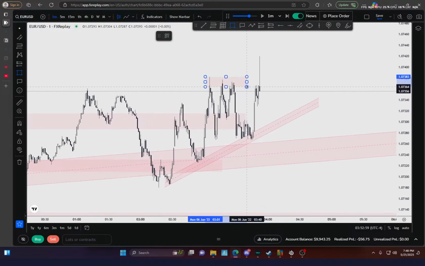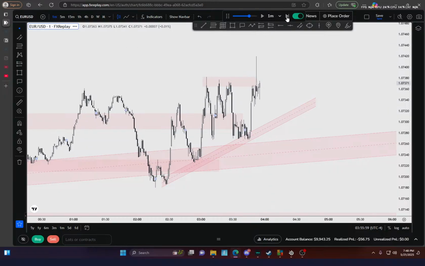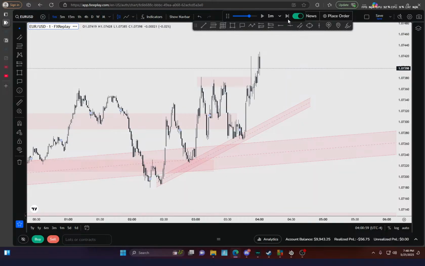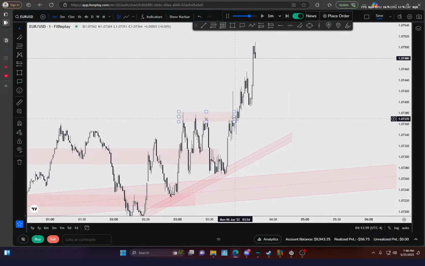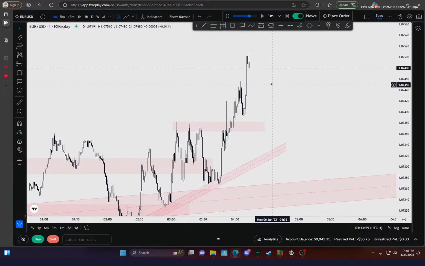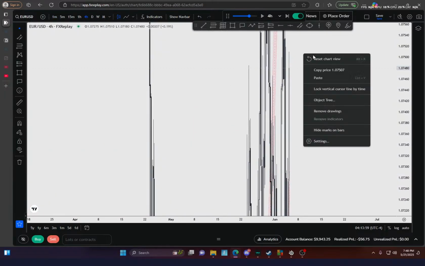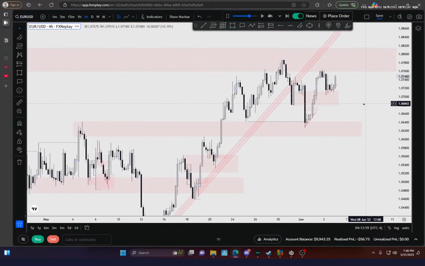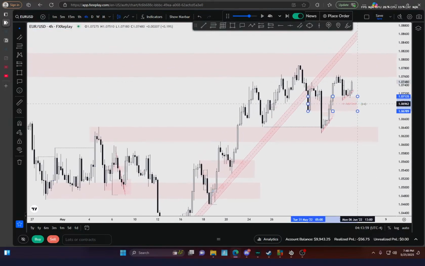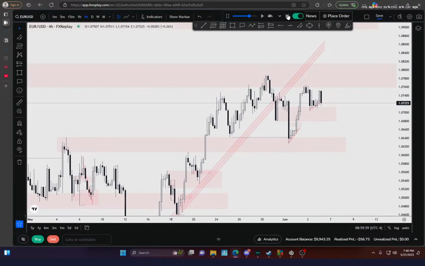Resistance, we just had this. Support, we had this huge wick down. Now, what are we overall doing? Continue now.